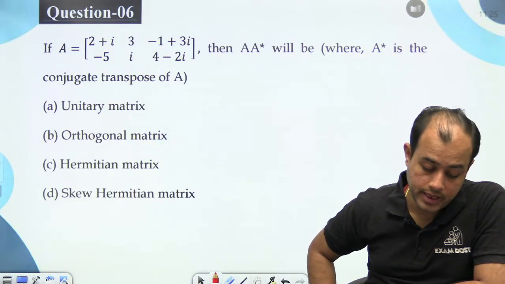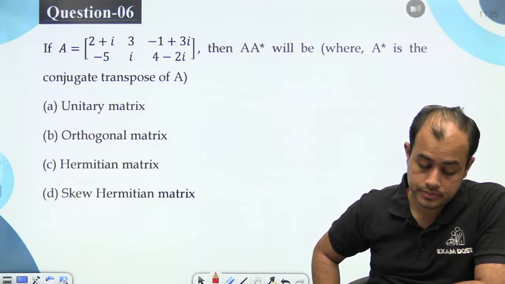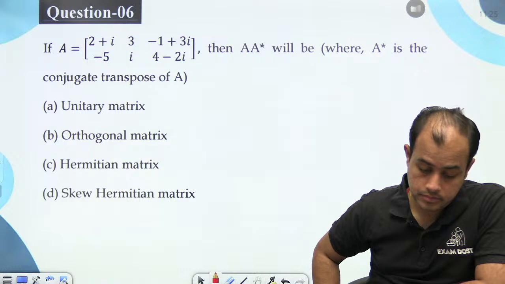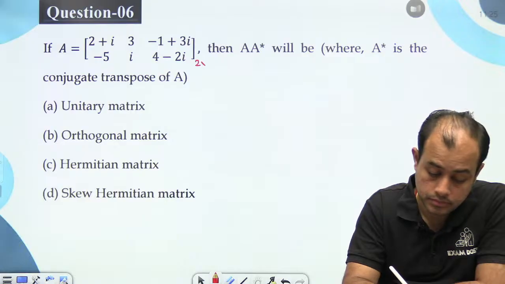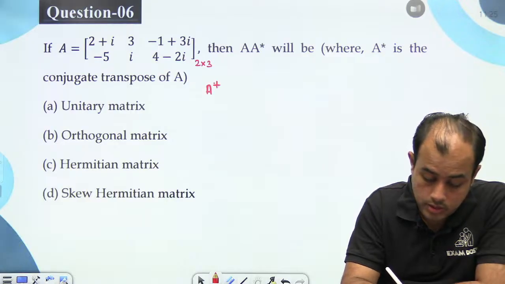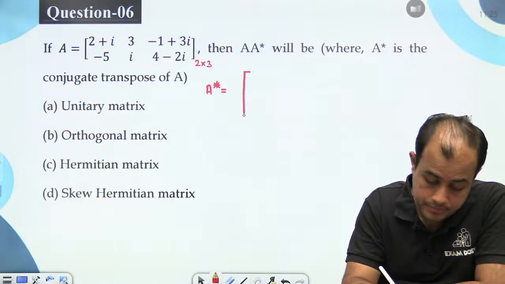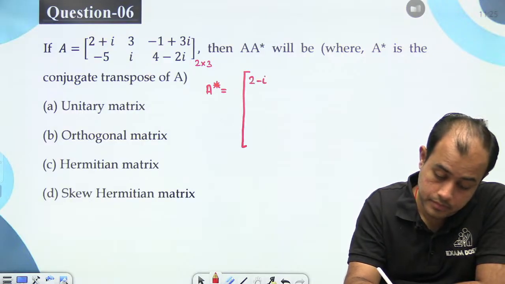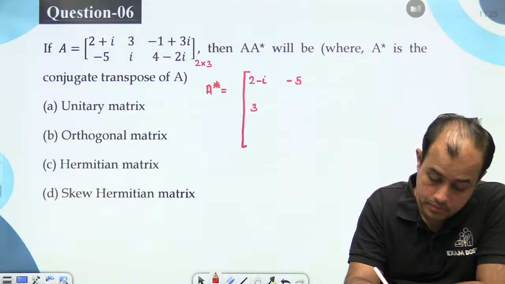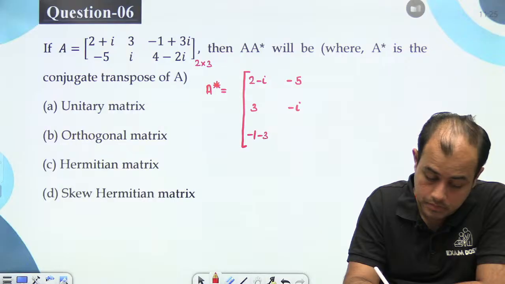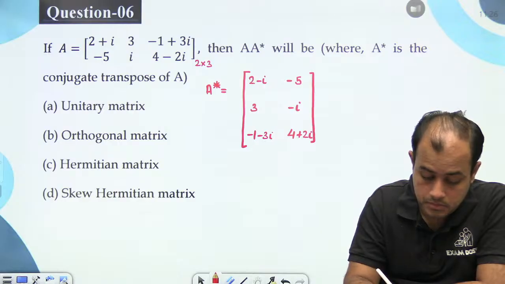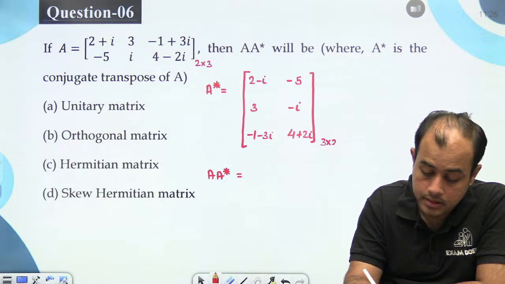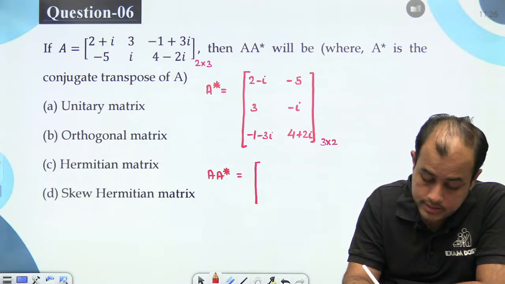What will be the value of A into A conjugate? Now, what is conjugate transpose of A? Now, let us multiply. We should get a 2 cross 2 matrix.